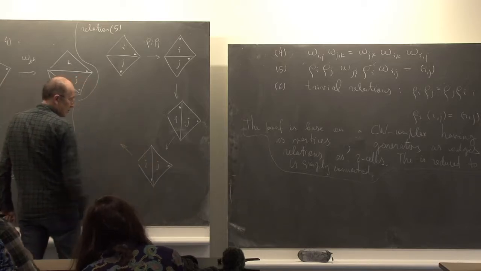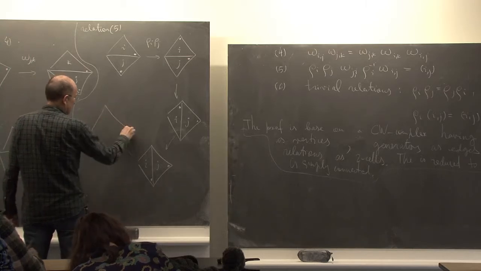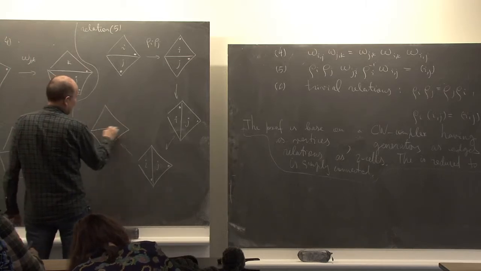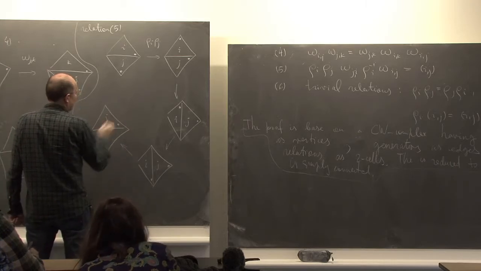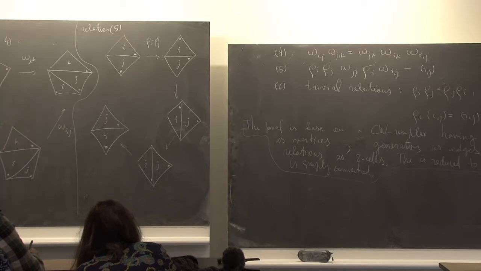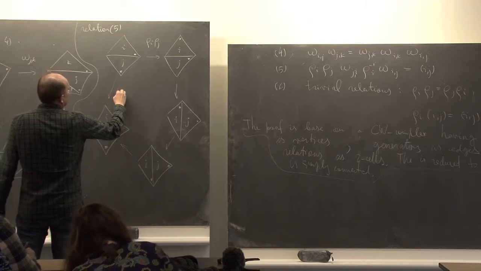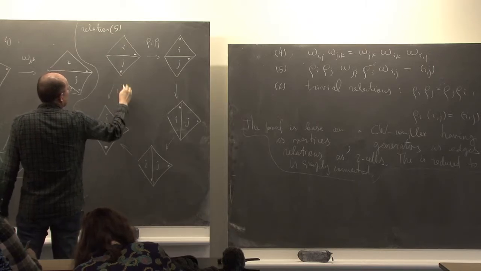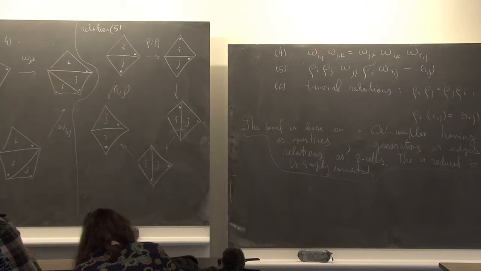We rotate the diagonal counterclockwise to get to here. And now we finish the left-hand side, and we can see that the initial configuration and the final configuration are distinguished exactly just by the exchange of I and J.